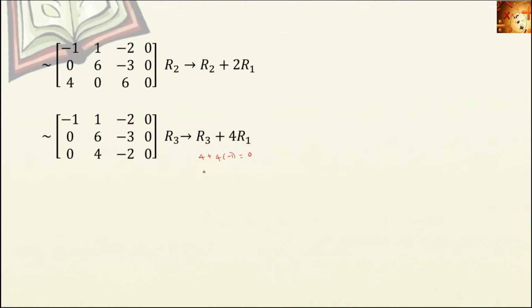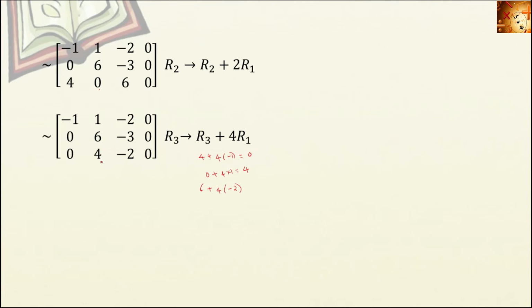Similarly, the second element, this is 0, so 0 plus 4 into 1, that is equal to 4. Next, this is 6, so 6 plus 4 into minus 2, so 6 plus minus 8, that is minus 2, then 0.